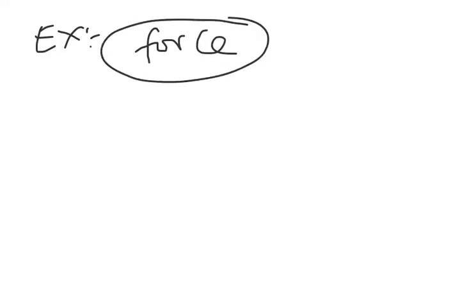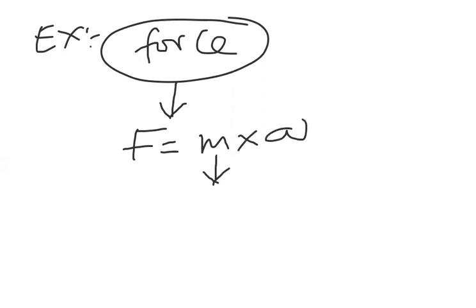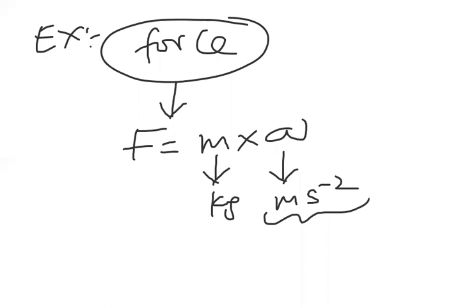Whenever you want the dimensional formula for force, you need a basic idea of any formula related to force. Suppose I take force equals mass into acceleration. The fundamental unit of mass is kg. The unit of acceleration, we know, is meter second power minus 2.